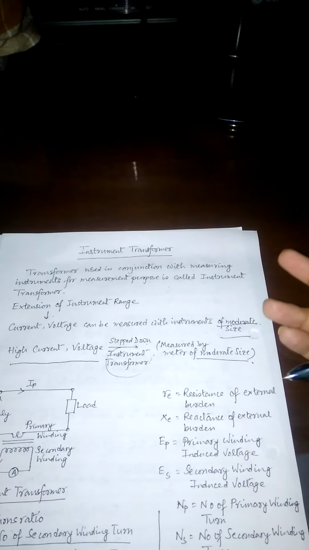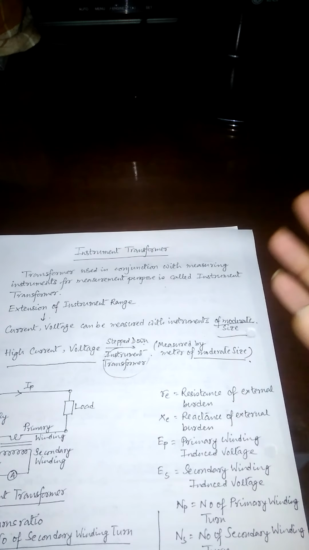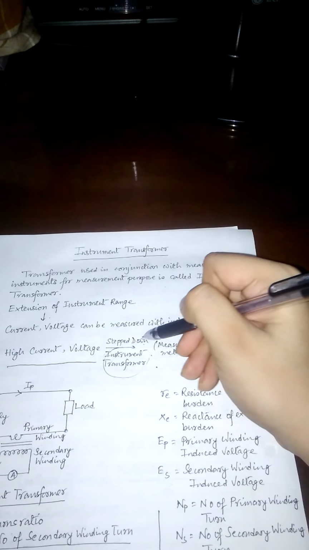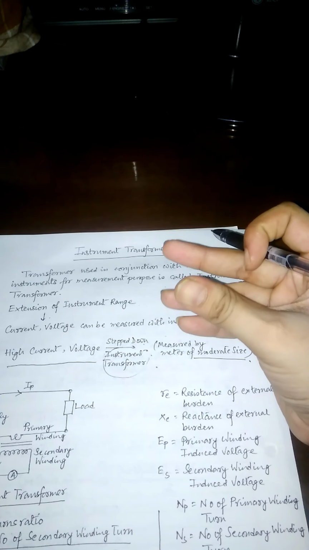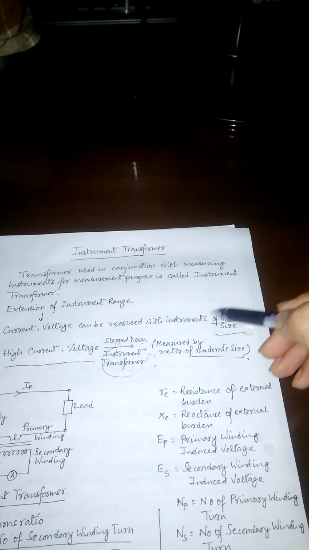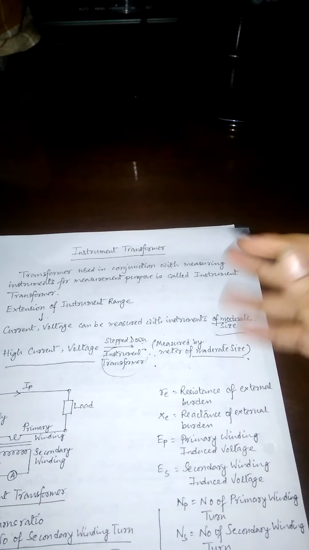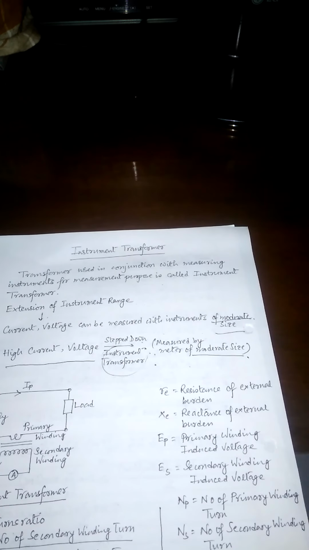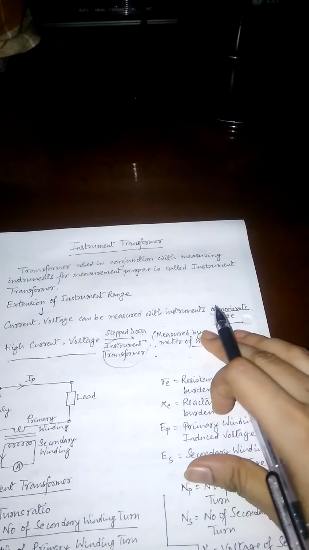That means the ammeter, voltmeter, wattmeter, the normal range and normal size meters, can measure a high amount of current and voltage with the help of the instrument transformer, because it is going to step down the value of current and voltage, and obviously for that reason it is easier for the meters to measure that particular high value.